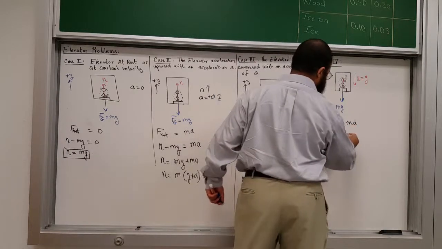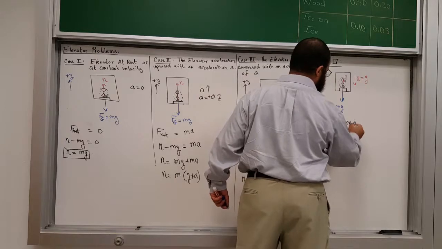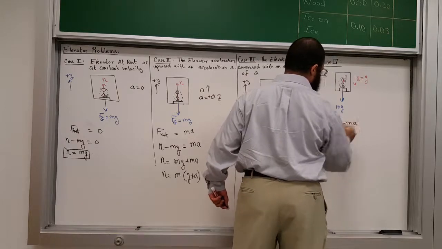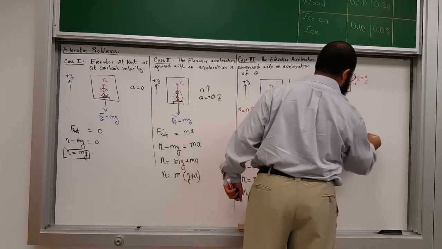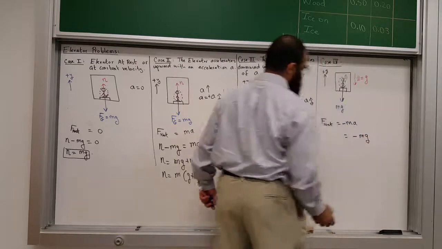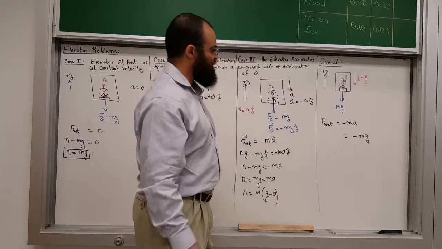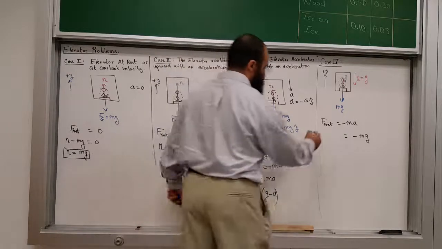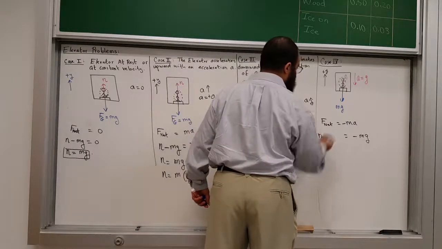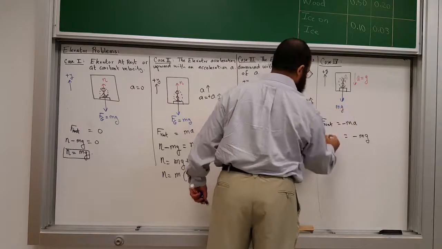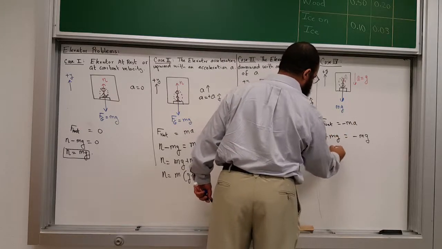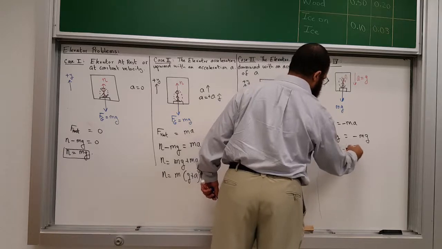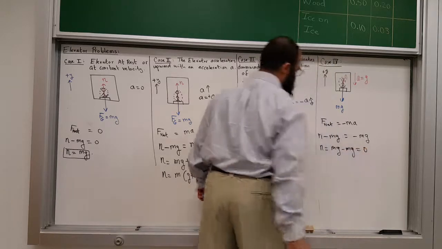Since the acceleration is downward, we put a minus sign here, so minus mg. The net force consists of the normal force upward and then mg downward, minus mg equals minus mg. And so the normal force will equal mg minus mg, and that's equal to 0.